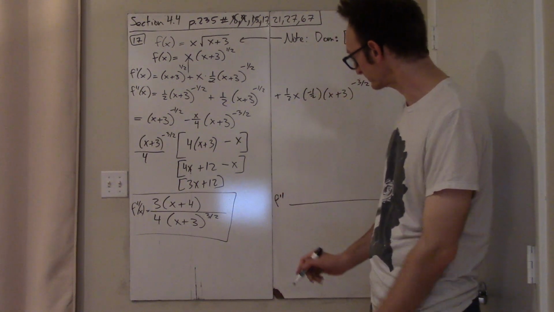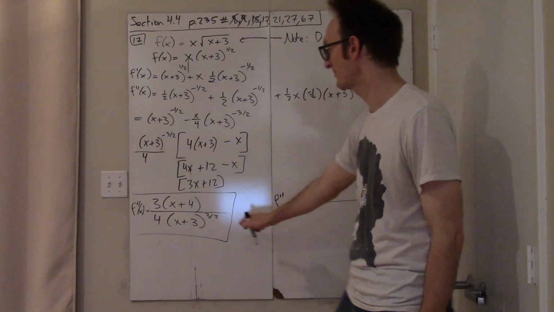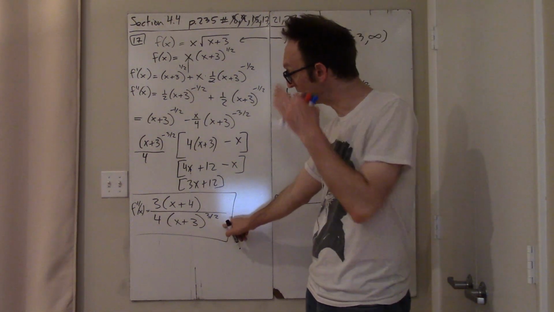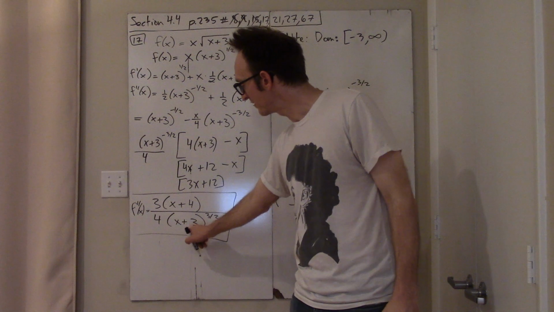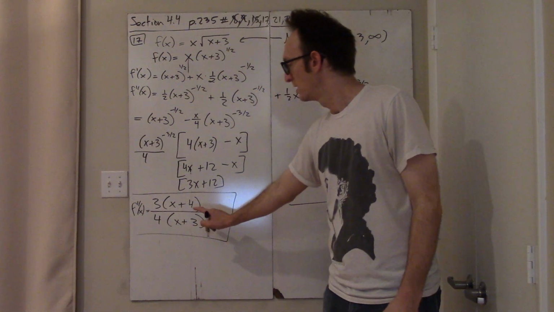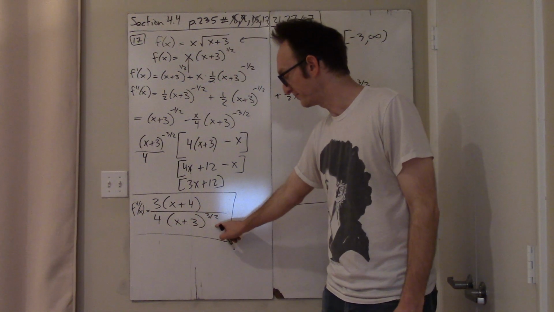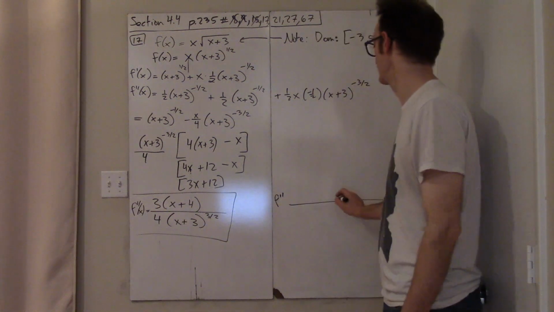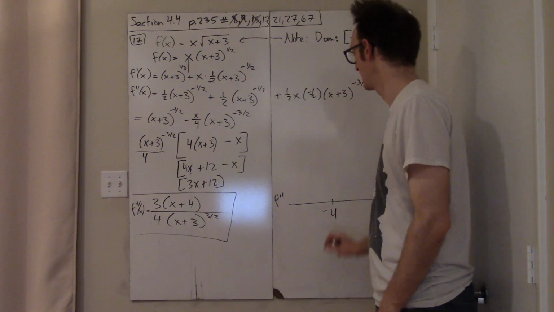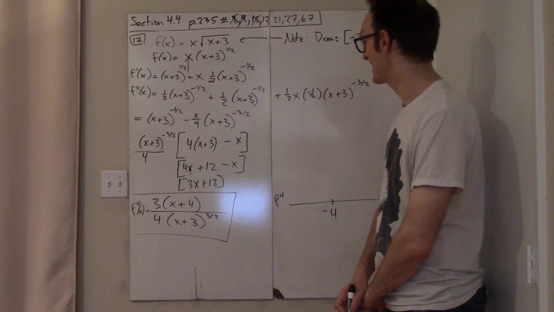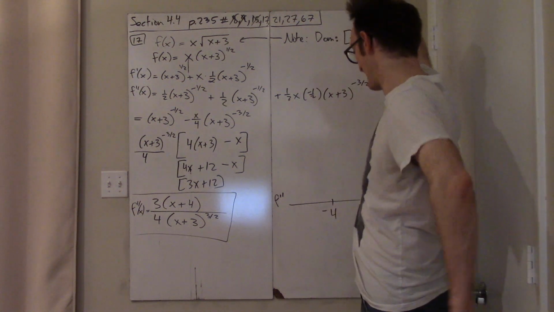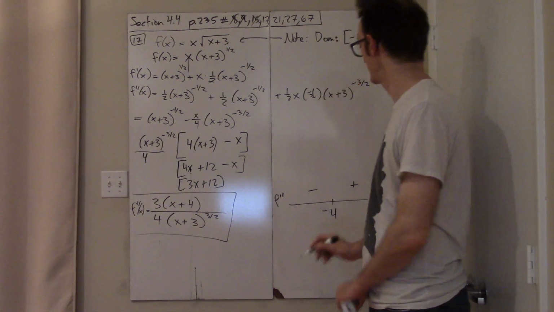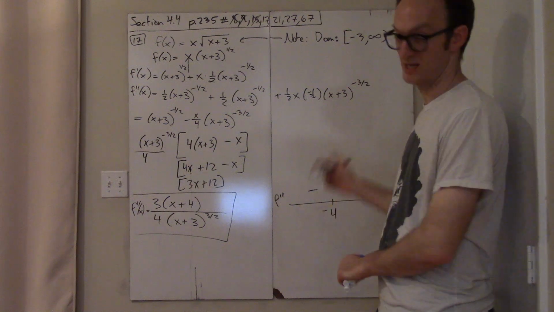Well, if I'm just looking at this second derivative and not thinking too much, I notice that the denominator is always positive, and so I only need to care about the numerator, and the numerator changes sign at negative 4, from negative to positive, which is another way of saying, that's the right answer.